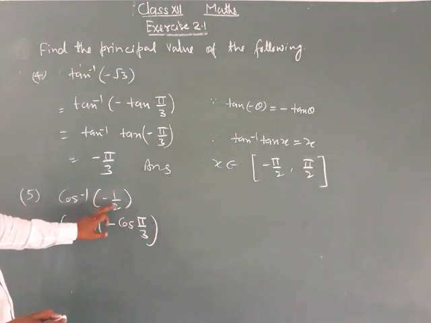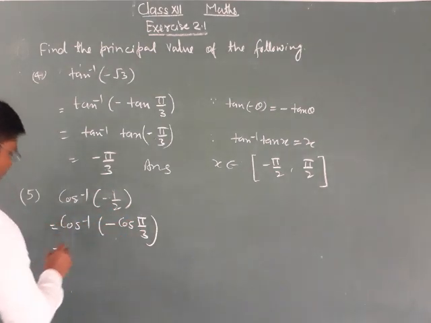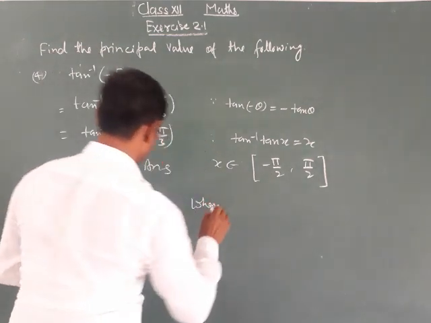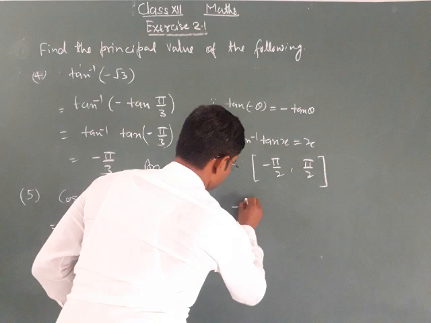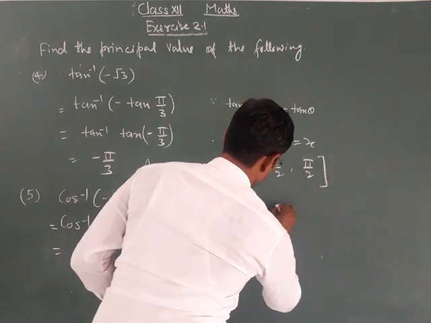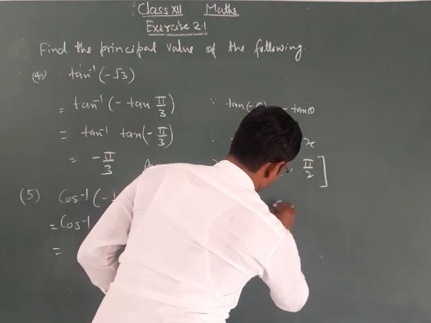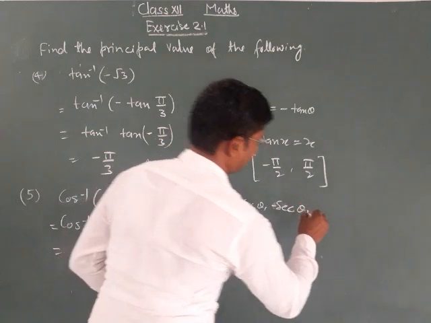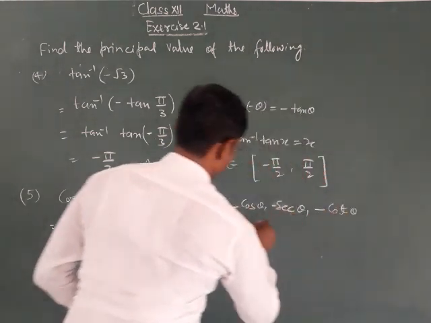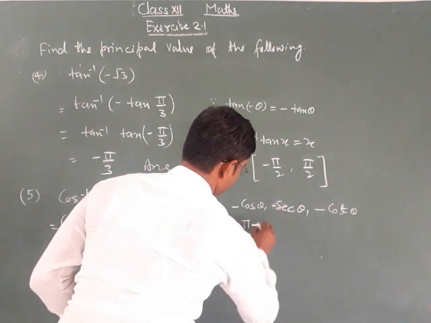In the case of minus cos theta, minus sec theta and minus cot theta, we change into pi minus theta.